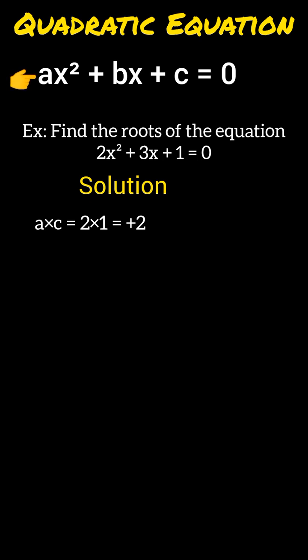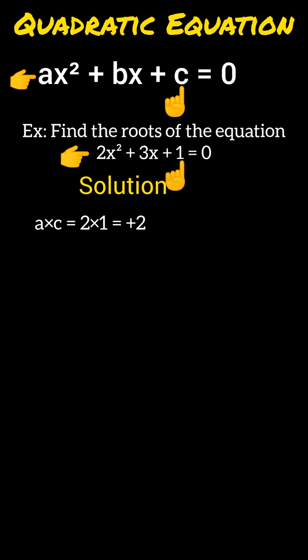And so in this question, our a is 2. Then what is c? C is called a constant term. If you look at ax squared plus bx plus c, c is that term that does not contain x. And in our question, c is equal to 1.